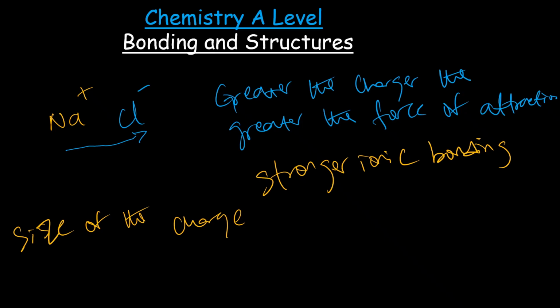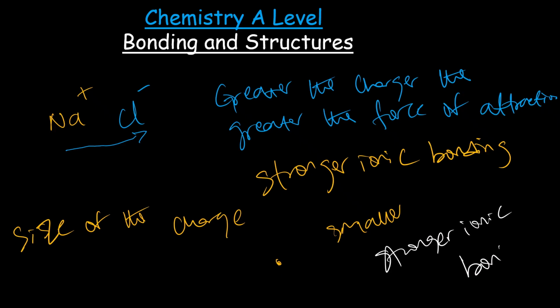The reason is because of the distance, basically because of the ionic radius. But if the size of the ion is smaller, it will lead to a greater force of attraction, which in turn will lead to stronger ionic bonding. So you need to take note of these factors.